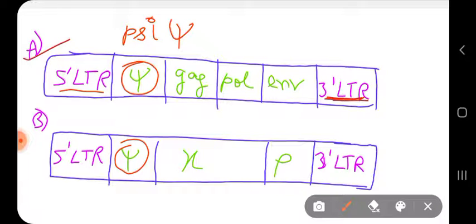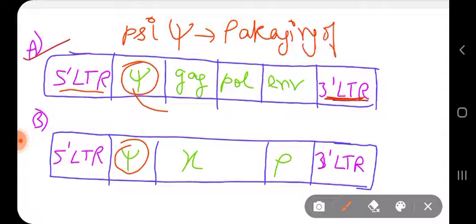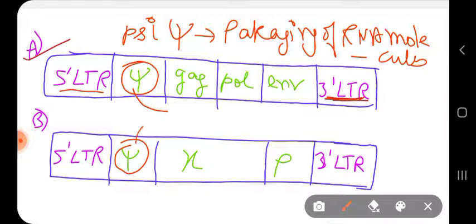So what does this code for? The psi gene is required for packaging of RNA molecules.